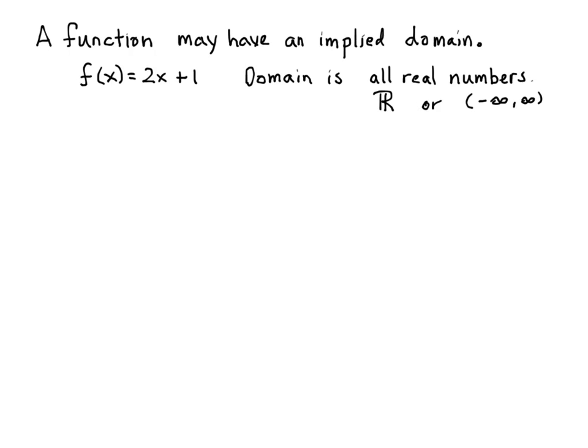For example, the function that assigns a price to an item in the store, the domain there is 0 to infinity, right? You would never expect a negative number to be priced. The store would not pay you to take an item away from the store.